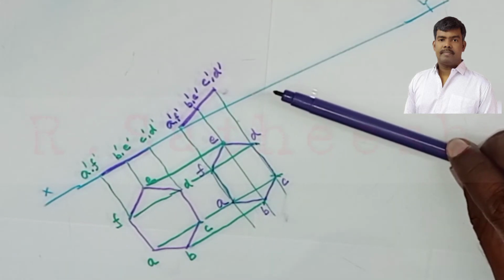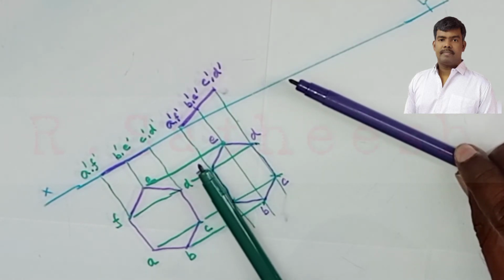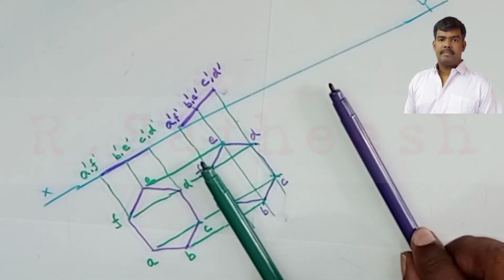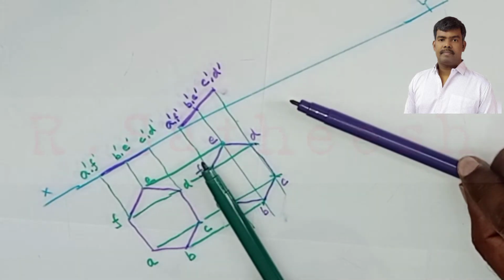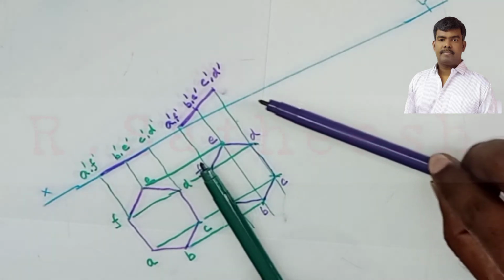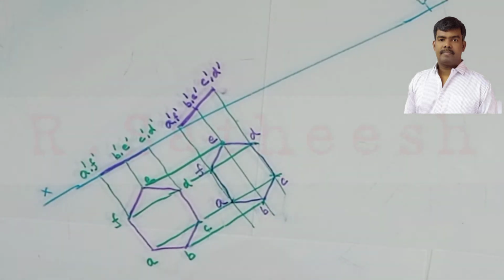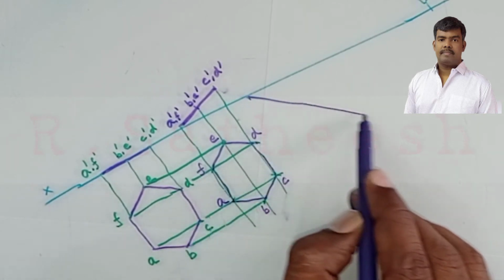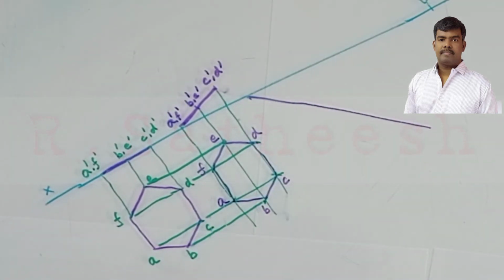Understand? So after inclined to HP, this AF line is now 45 degrees inclined to VP. So you draw a 45 degree line from XY.